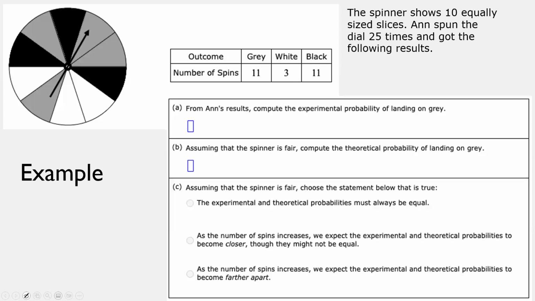So let's compare these. We have this spinner. These problems are taken directly from the homework. The spinner shows 10 equally sized slices, and Anne spun it 25 times and got the following results.